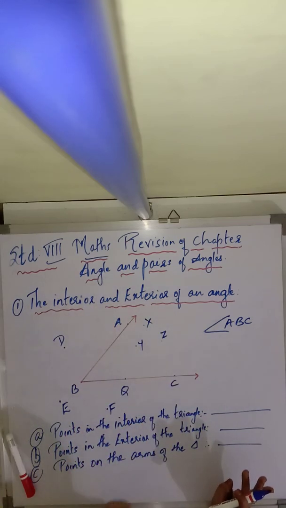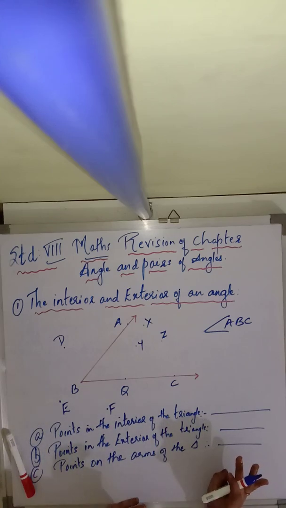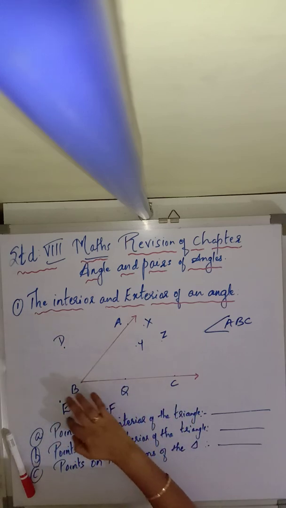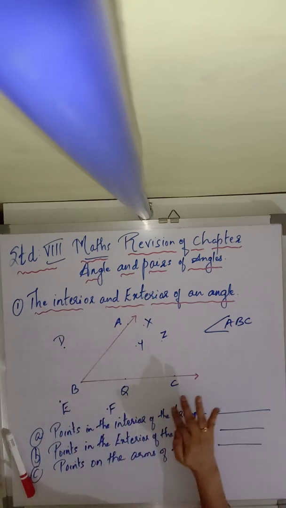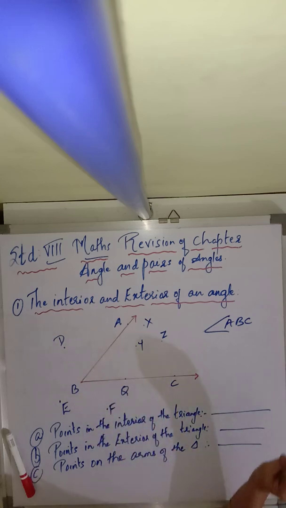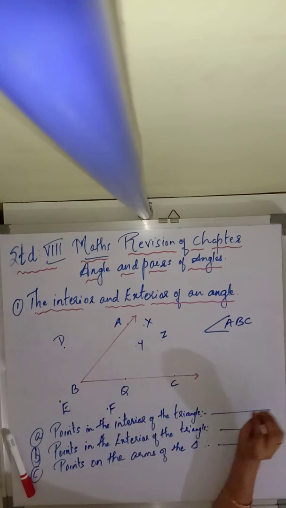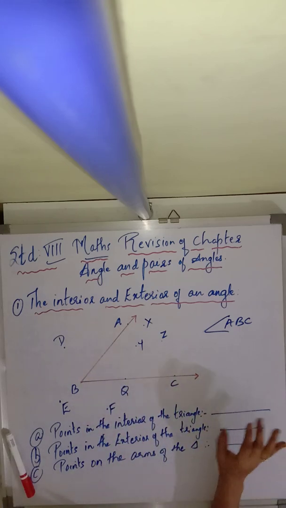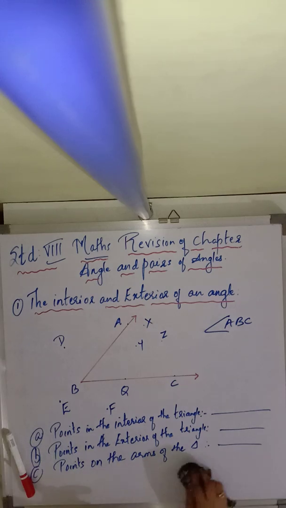In the same way, some points which are lying outside are called the exterior of an angle. And some points are on the angle, so those points are called points on the arms of an angle.